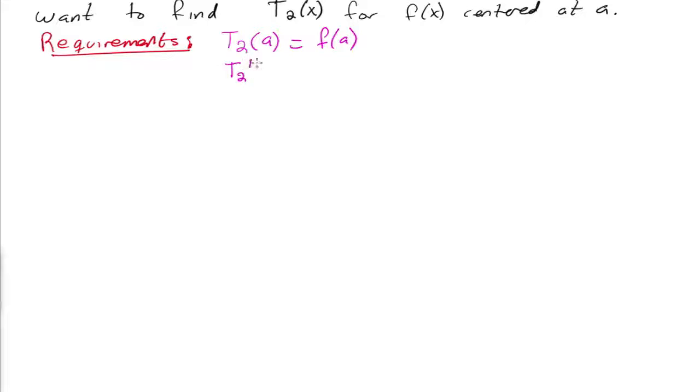The first derivative at a should equal f prime of a. And then the second derivative at a should equal f double prime at a, right? So this is what I want. I want the function, first derivative, and second derivative to match.